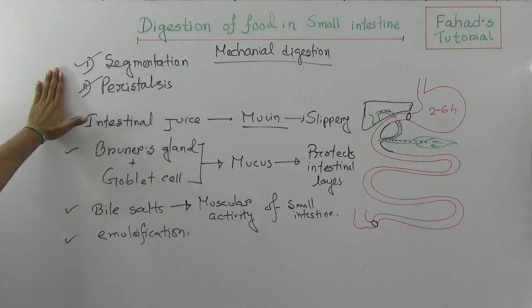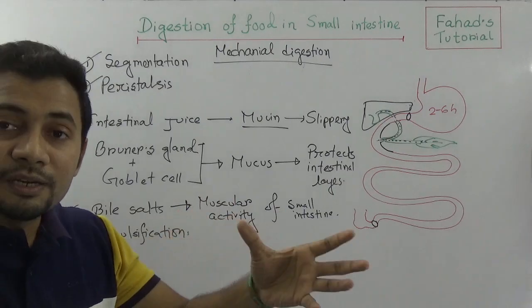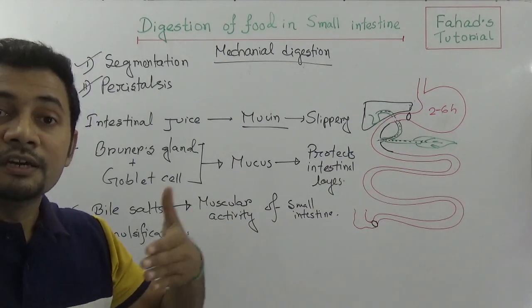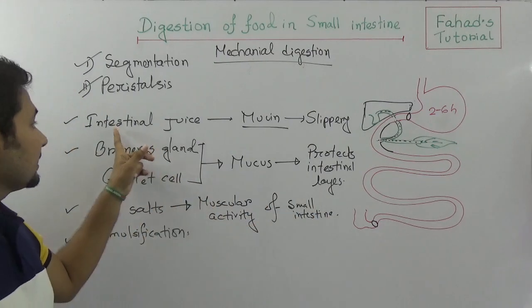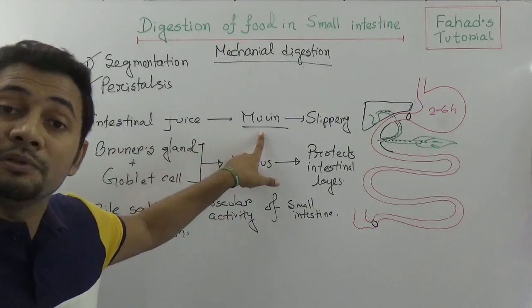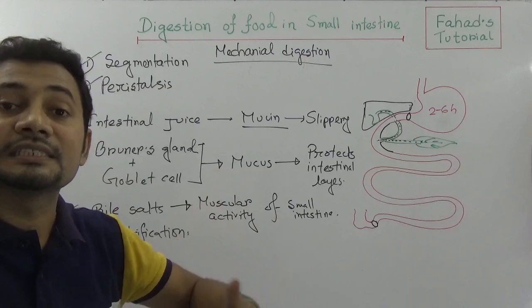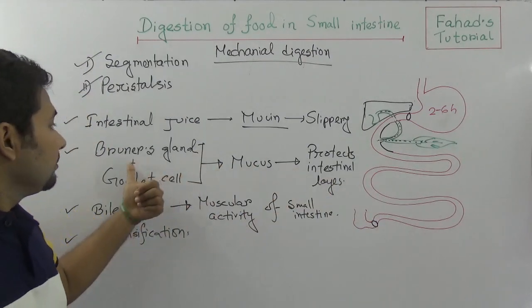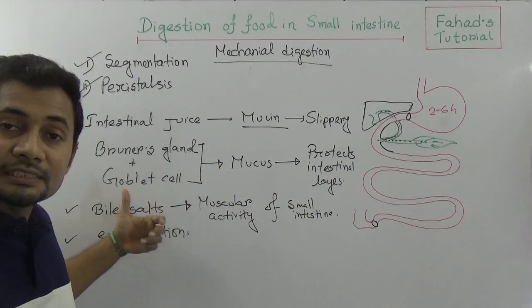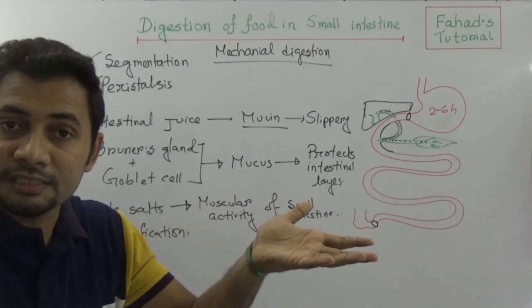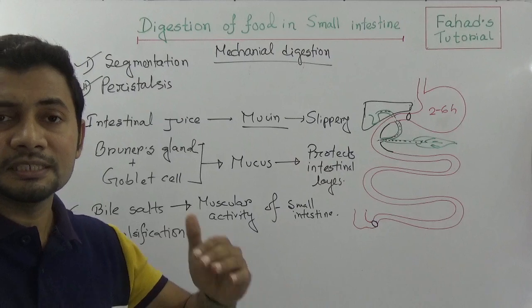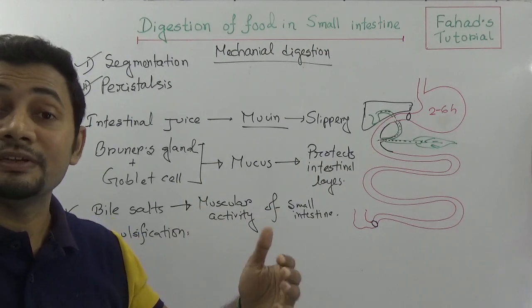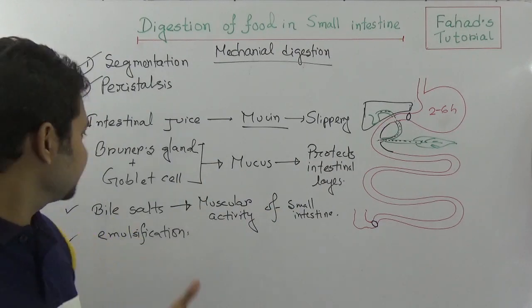Number one, segmentation is a back and forth movement of food in the small intestine. Peristalsis is another movement. Intestinal juice secretes mucin, which creates slippery movement of the food. Brunner's glands and goblet cells secrete mucus, which protects the internal layers of the intestine from enzymatic actions.